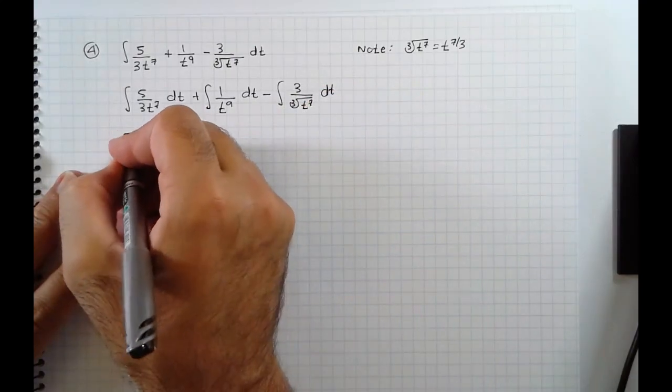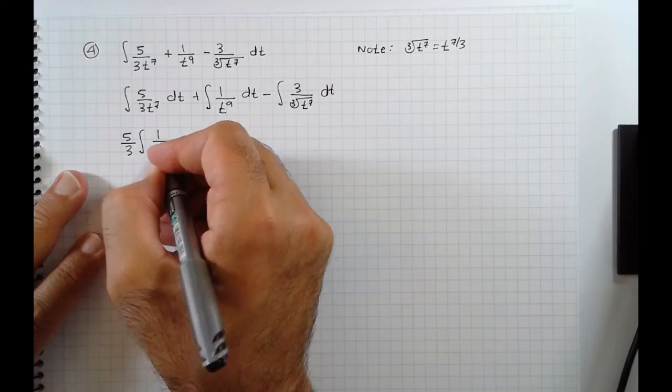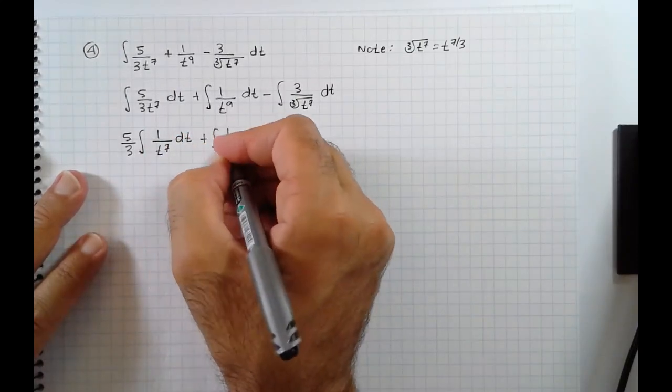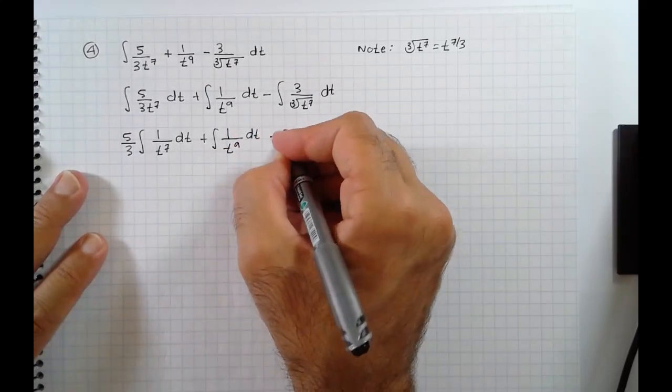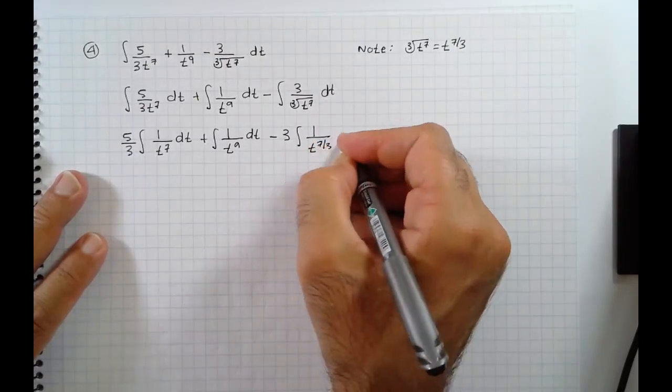The 5 over 3 comes out. You get 5 over 3 integral 1 over t to the 7 dt plus integral 1 over t to the 9 dt minus 3 comes out, 1 over t to the 7 thirds dt.